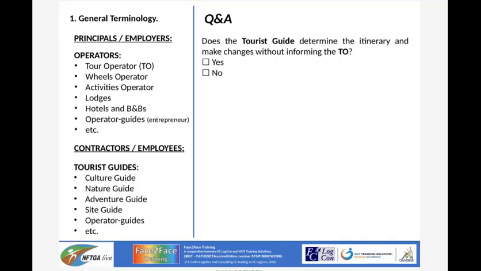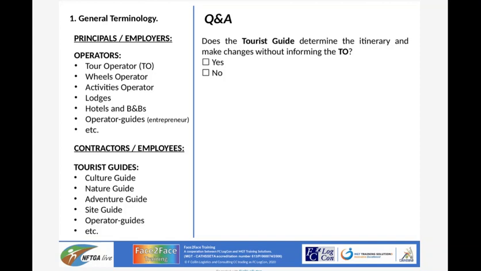And let's have a look. Last question. Does the tourist guide determine the itinerary and make changes to the itinerary without informing the tour operator? Okay, are we getting there? I'm waiting for the one that doesn't agree with everybody else, but I don't think there is one.